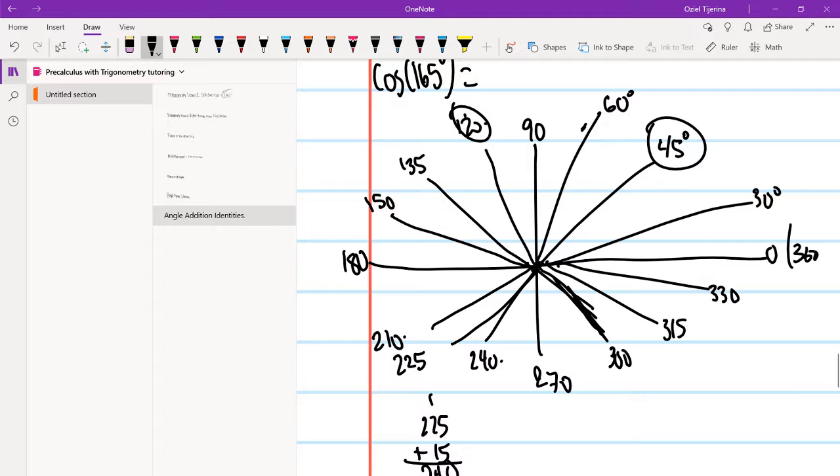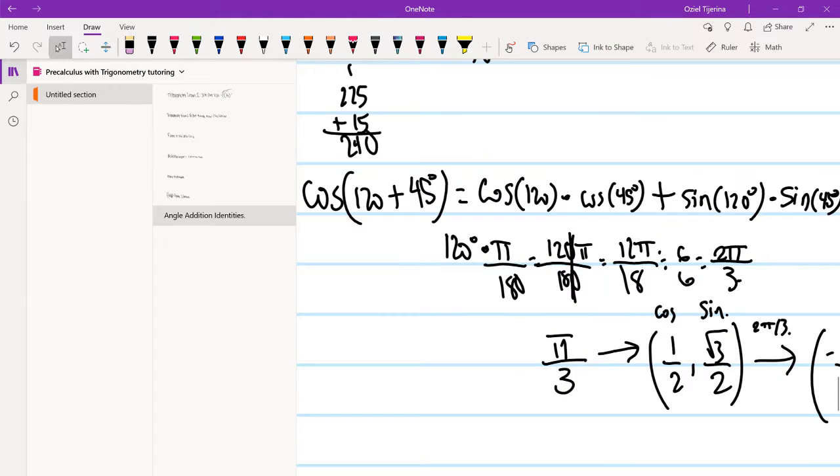So since it's the cosine of 2 pi over 3, it's going to be negative 1/2. So the cosine of 120 degrees is negative 1/2.